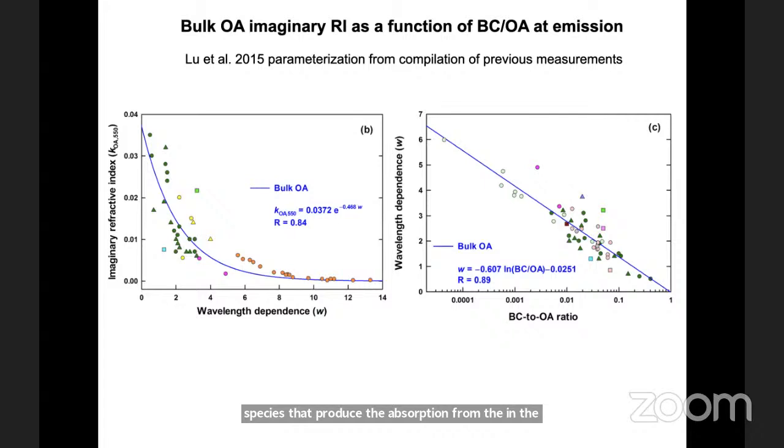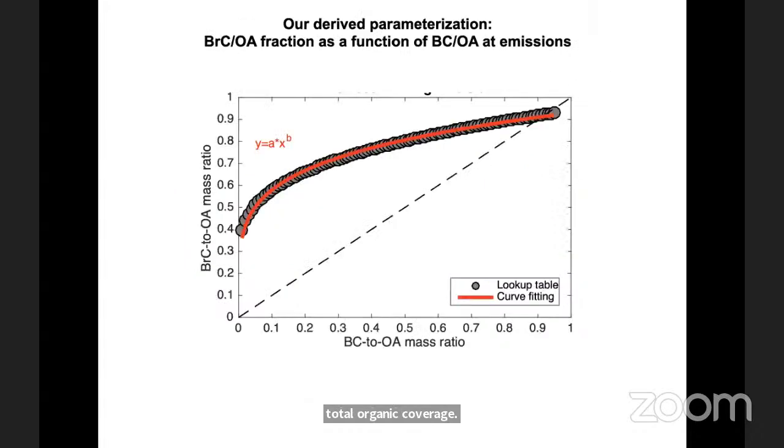By doing that, we can calculate how much brown carbon is inside the total organic carbon as a function of the soot particle over the total organic carbon. We are doing this because the total black carbon or soot particle emission is known from the prescribed emission inventory, and the total organic aerosol or organic carbon emission is also known.